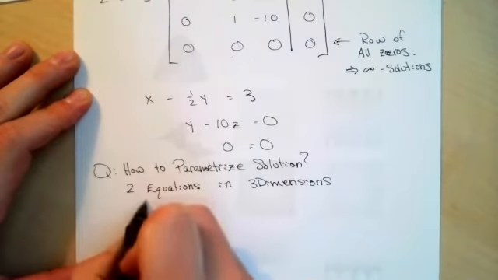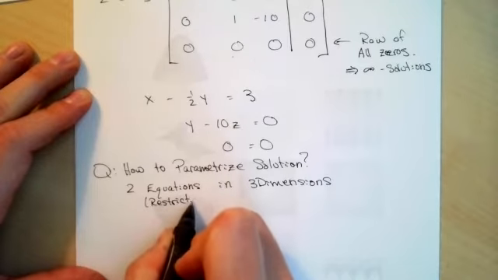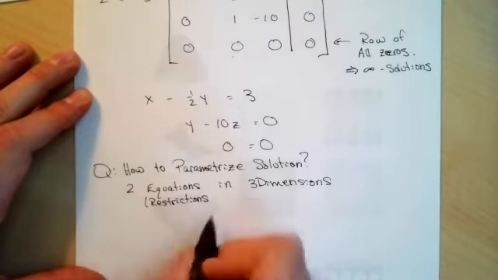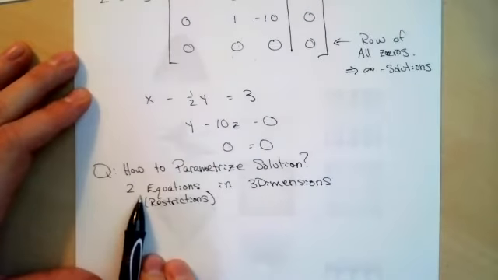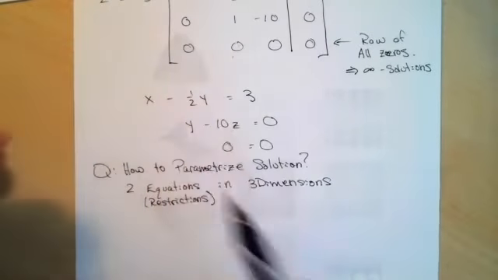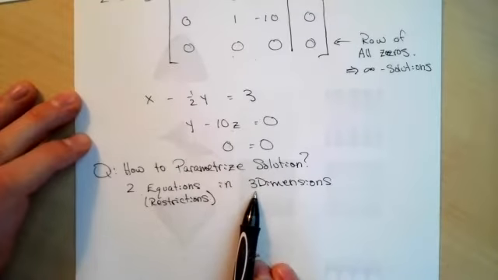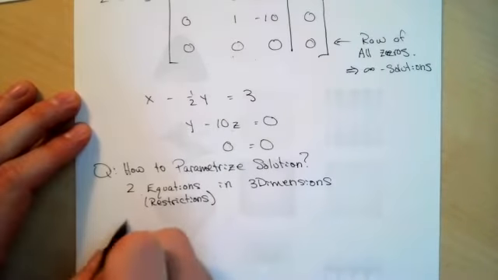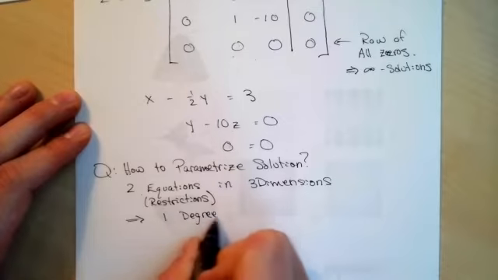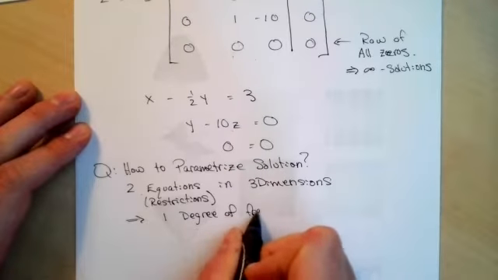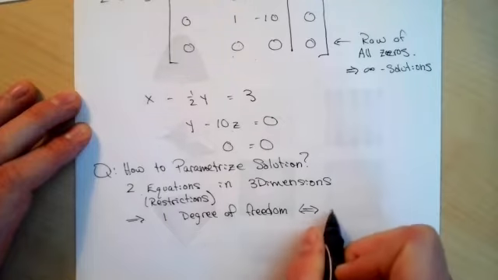Equations you want to think of as restrictions. Every equation we have restricts our dimension. So we've reduced our system down to only 2 restrictions on our set of 3 variables, meaning we have one degree of freedom, or you can also call that 1 parameter.